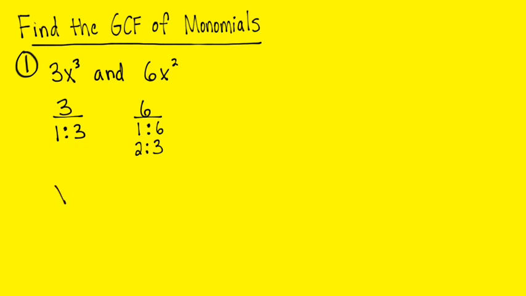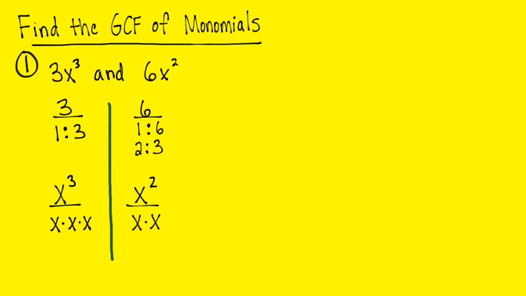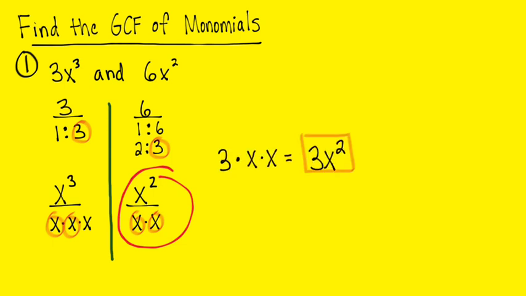And x to the third power is 3 x's and x to the second power is 2 x's. So obviously what they have in common is a 3 and 2 of the x's. So the greatest common factor will be 3x squared, because that's what they have in common and the largest that they have in common.